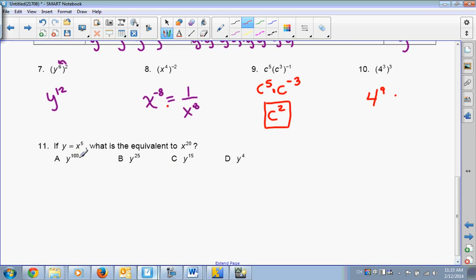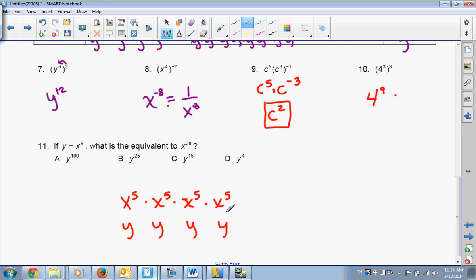This guy's a multiple choice question, number 11. If y equals x to the 5th, then what is equivalent to x to the 20th? Because if y is x to the 5th, then y to the 4th would be, so each one of these is a y, right?